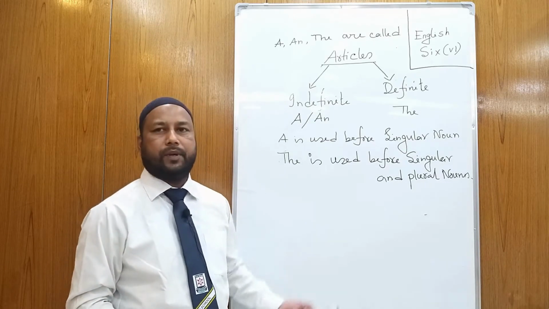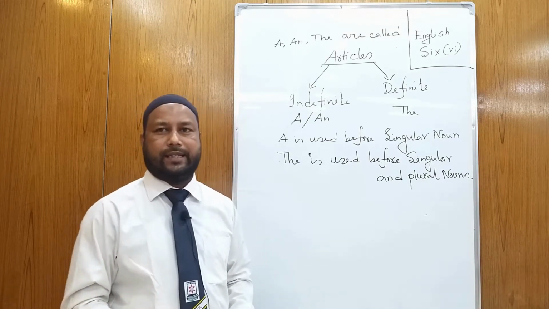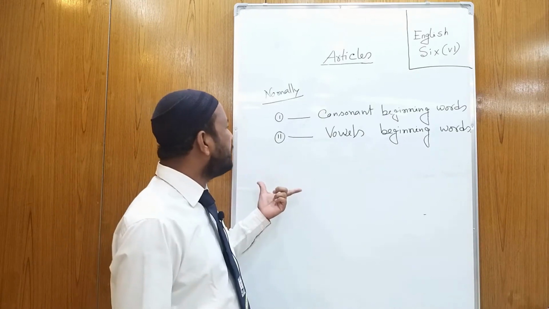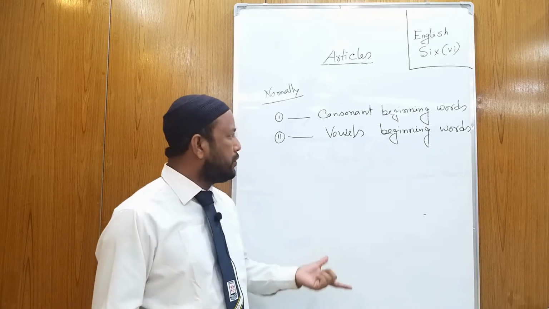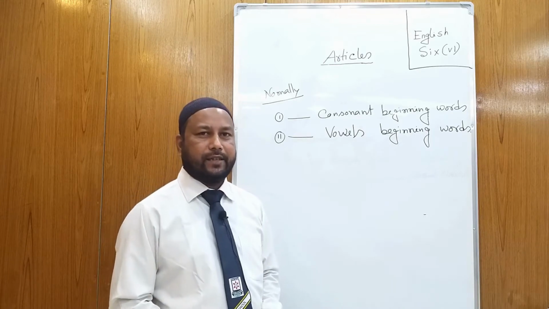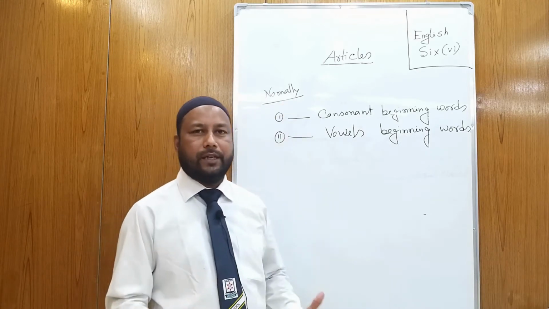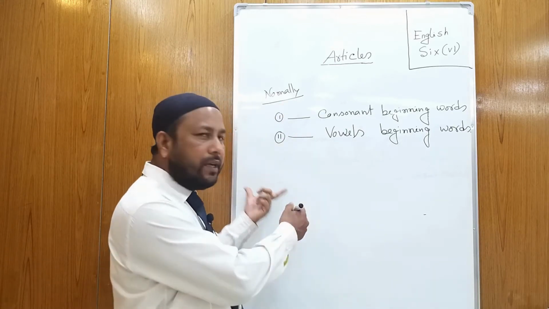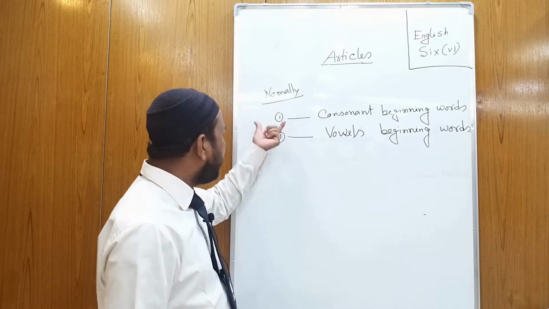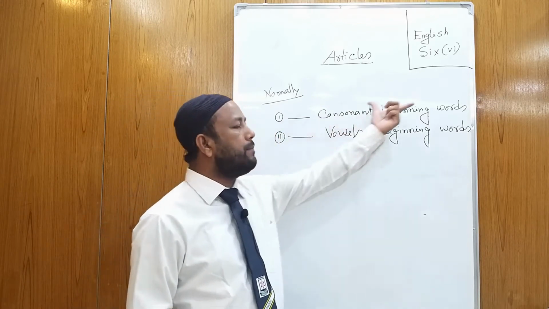Now let's move on to how we use articles in our daily sentences. There are two rules to use indefinite articles. They are called normal rules. Now we will discuss these rules. The first rule is consonant beginning words.